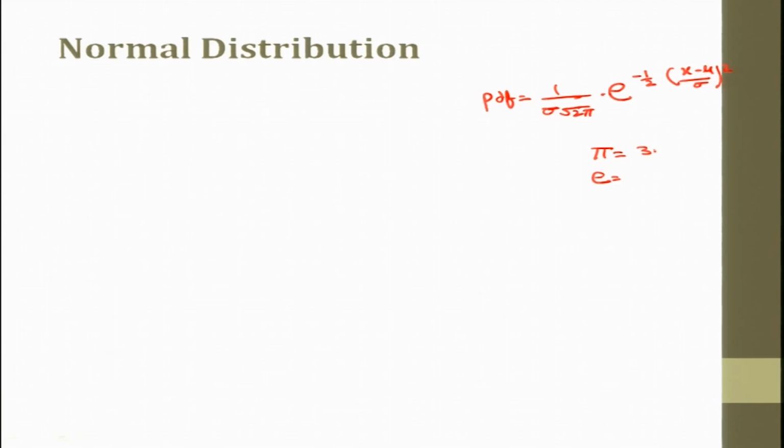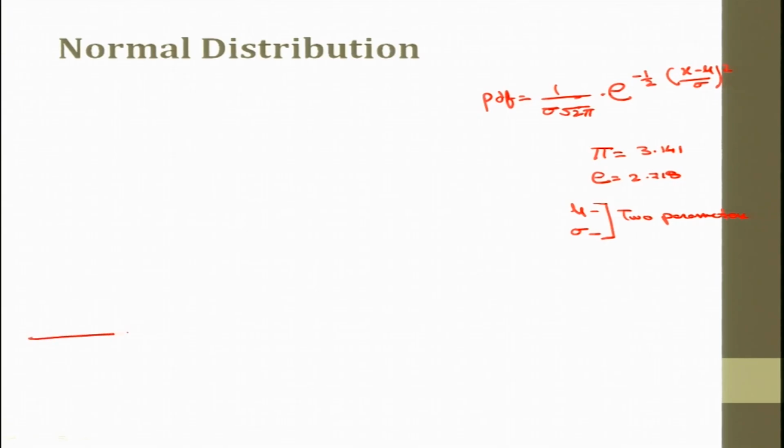Pi is 3.141 and e is 2.718. So the only variables here are sigma and mu. These are the two statistical parameters that need to be determined in the normal distribution.